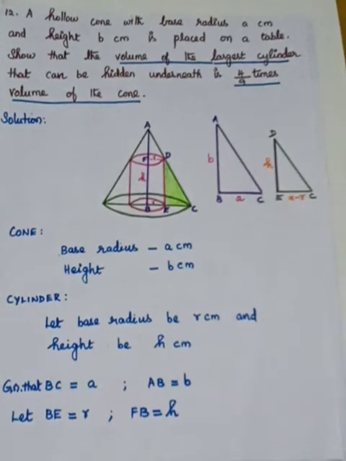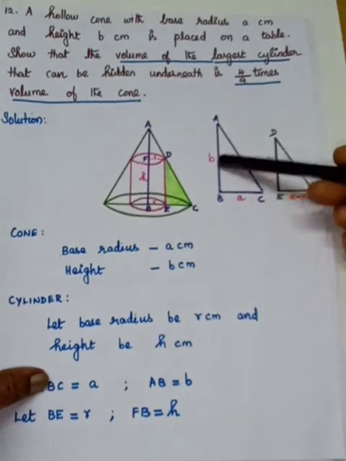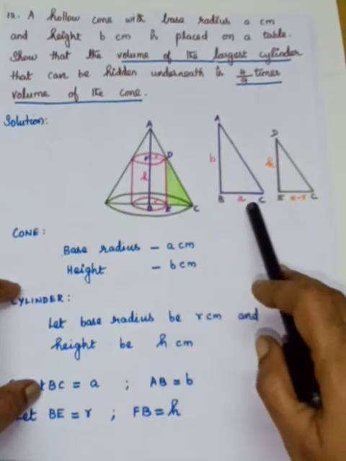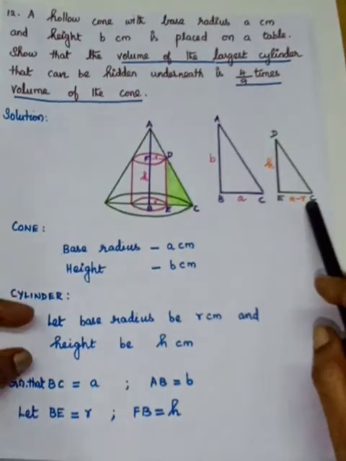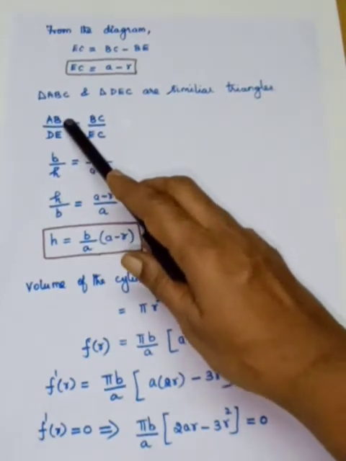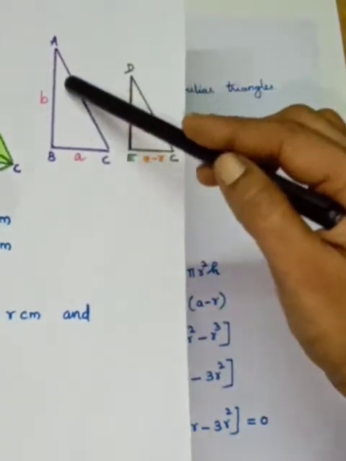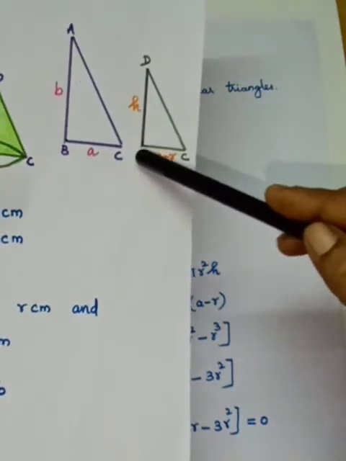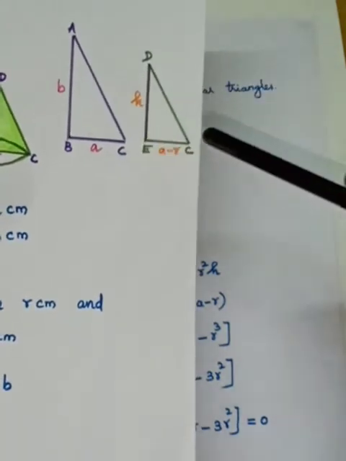Since they are similar, we have to equate the ratios. First, AB by DE is equal to BC by EC. Here I have written AB by DE, AB for the bigger triangle, and the same side I have taken for the smaller triangle.